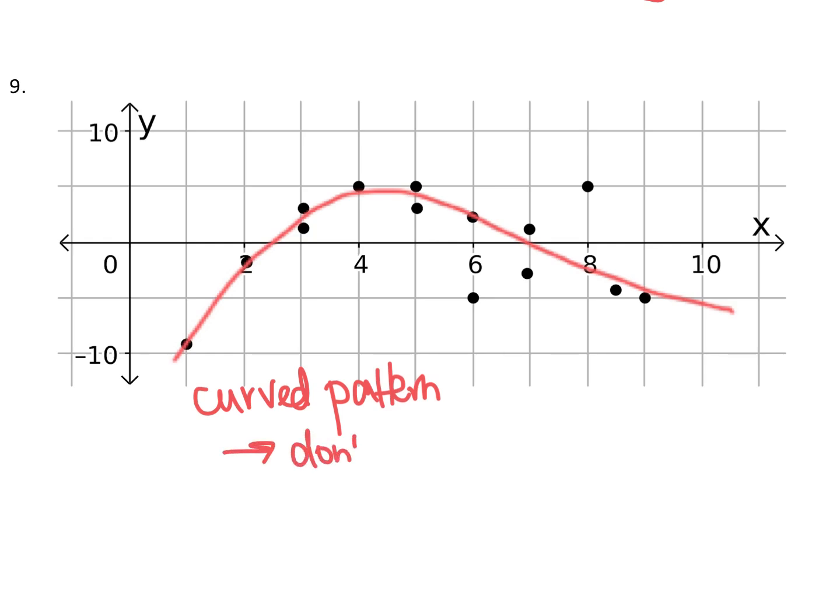Don't use a linear model here. So we would want some kind of curved model, maybe exponential or quadratic, something that would take into account this curved pattern that we're seeing.